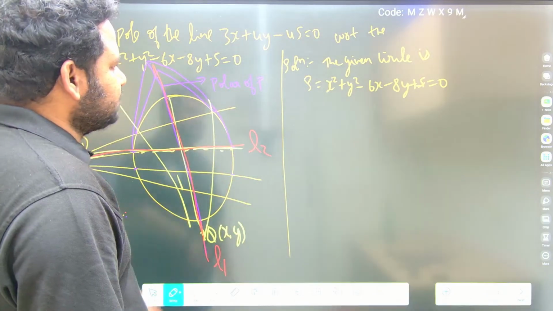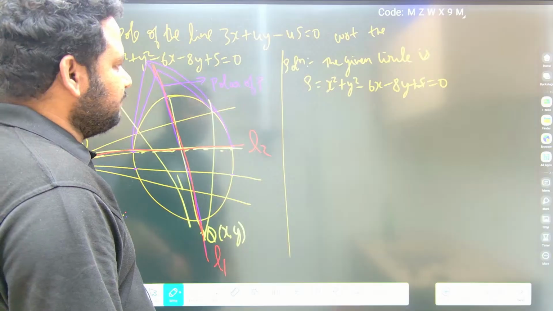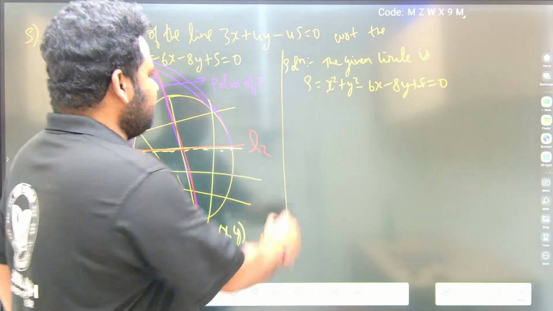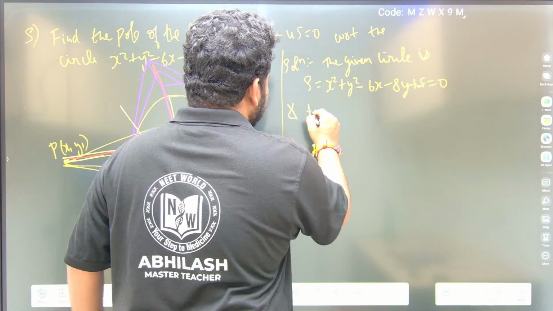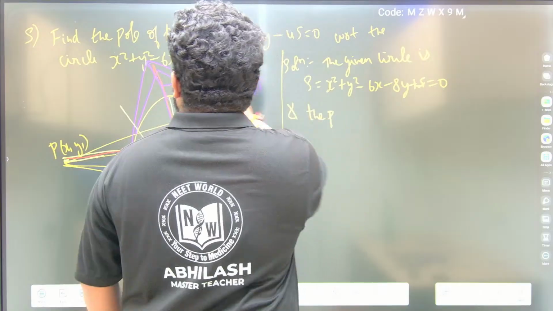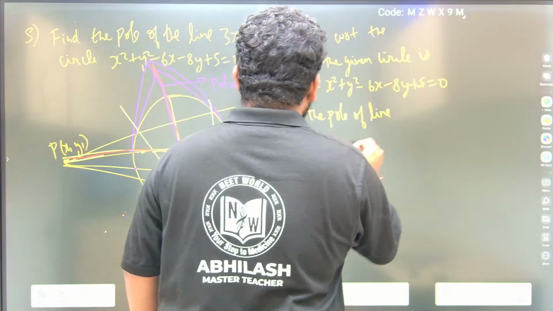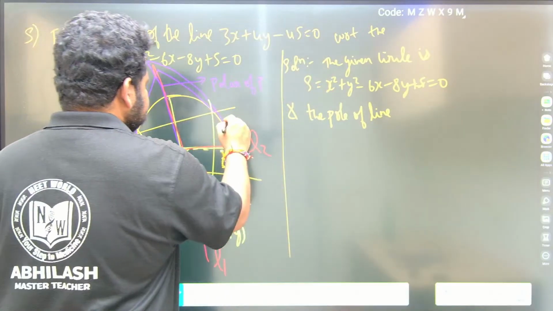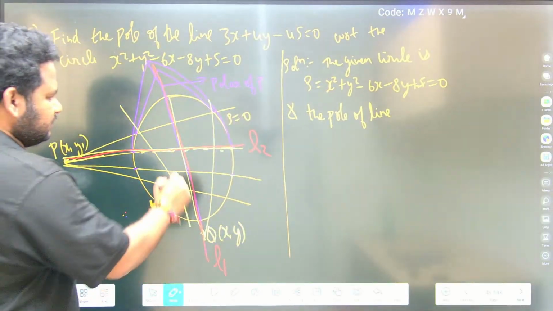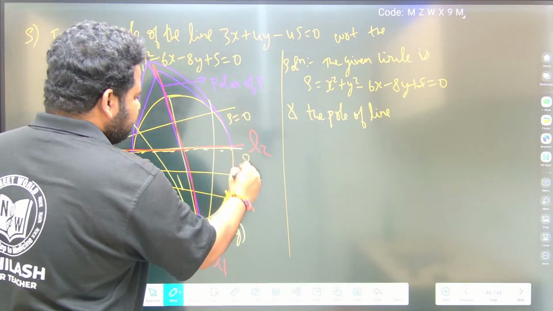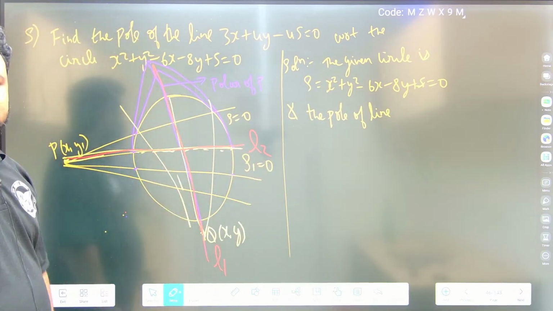So x square plus y square minus 6x minus 8y plus 5 equals 0, and the pole of the line. Suppose this circle is S equals 0. The polar is given by S1 equals 0.